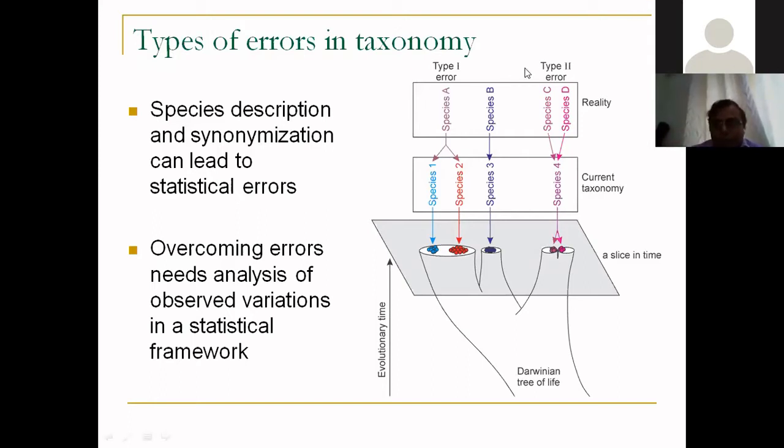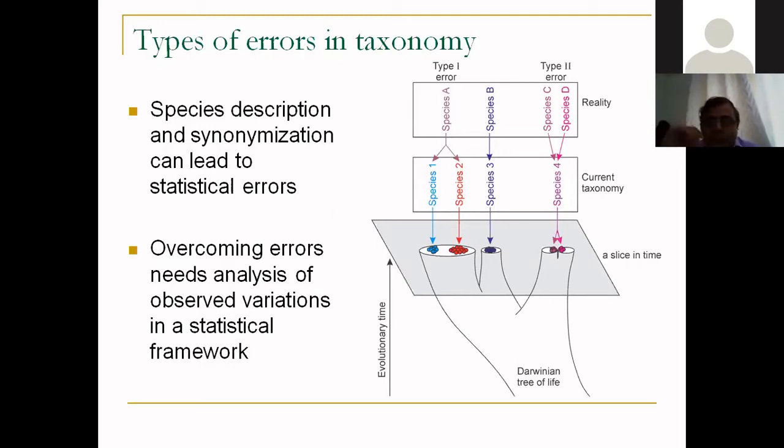The type 2 error in taxonomy is when the two organisms are actually different from each other, but we think that, or we do not have evidence to show that they are different, so we call them the same species. So you commit a type 2 error. Now in taxonomy, both type 1 and type 2 errors are problematic for us.